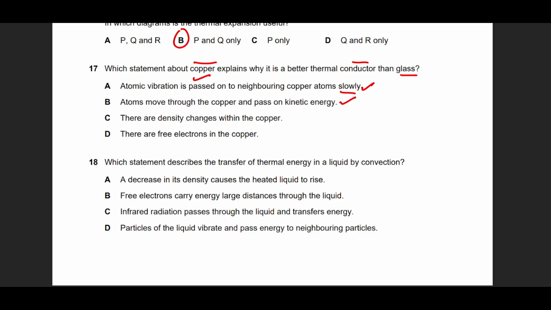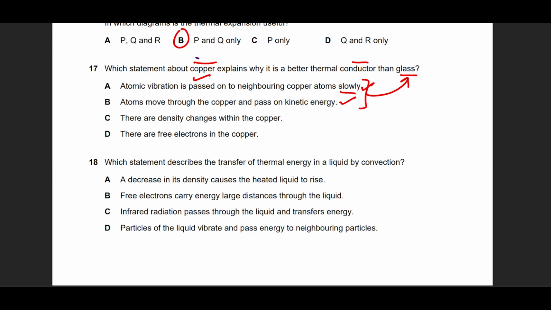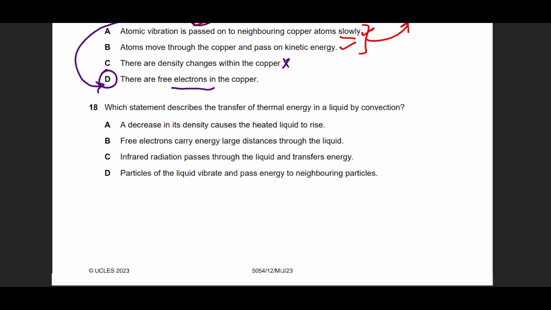The density, because these both processes also happen in glass as well. In non-metals, particles also vibrate and transfer energy from one point to another. But what's special about copper? It's a metal. So the density changes, no. That is a convection current statement, and it's for liquids and gases. So D seems to be the right answer. Free electrons make them better at conduction.